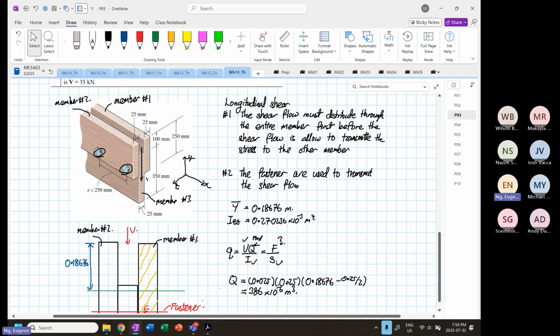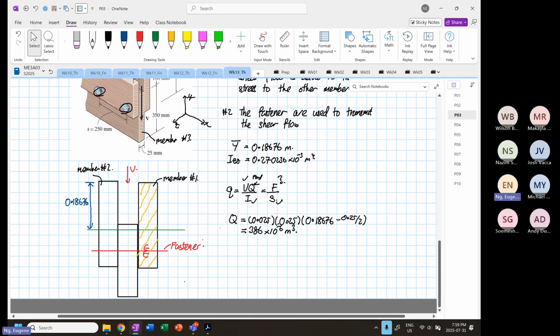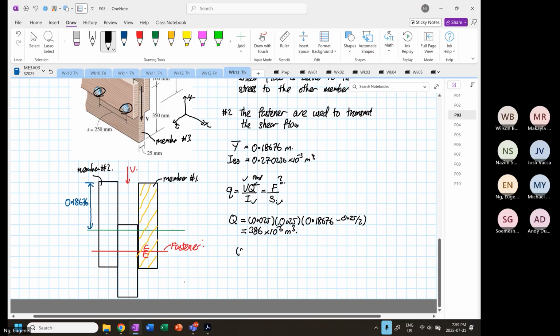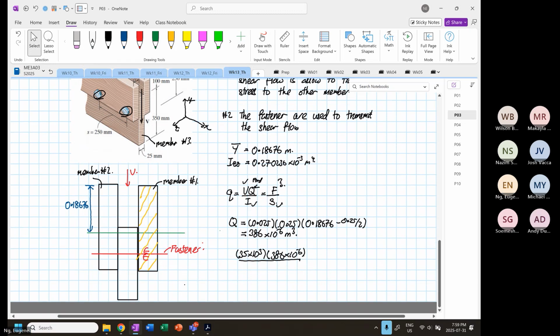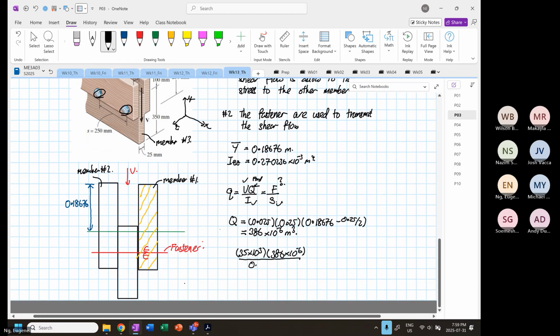So from here, our V, we know that it's equal to 35 times 10 to the power 3. Q is 386 times 10 to the power minus 6. I is 0.270236 times 10 to the power minus 3. S is 0.25.